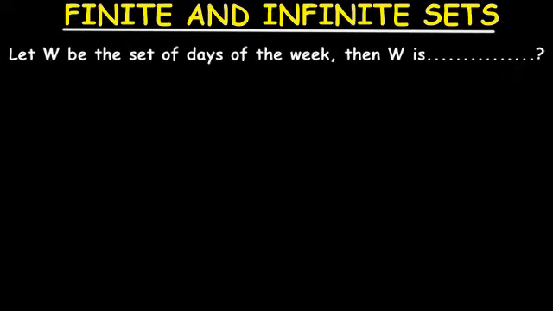We have 7 days: Sunday, Monday, Tuesday, Wednesday, Thursday, Friday, and Saturday. Since we can count these days, W will be classified as a finite set.